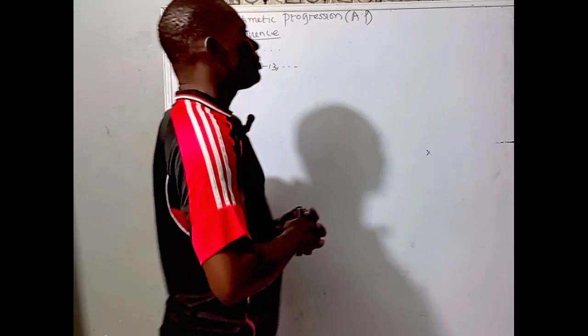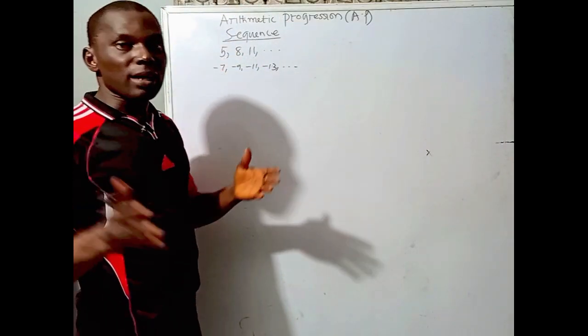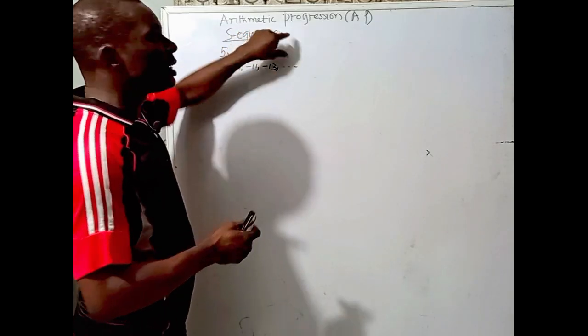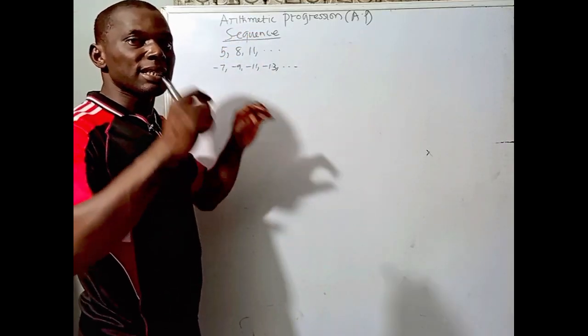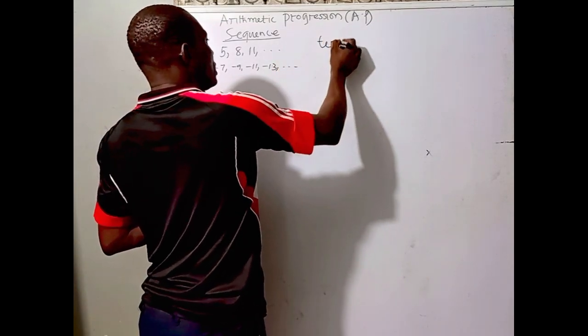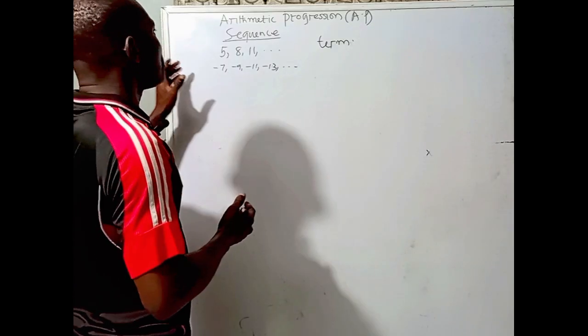Okay, now having understood what sequences are, remember each of these numbers in a sequence is usually known as a term. Each number there is called what? They are called terms. Then let's now look at what we call the arithmetic progression.